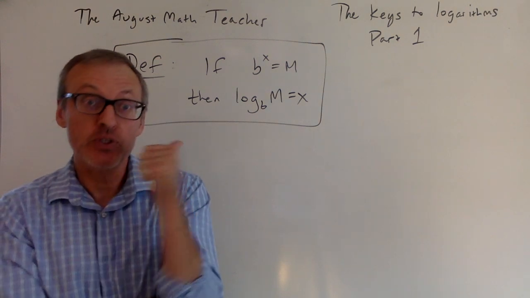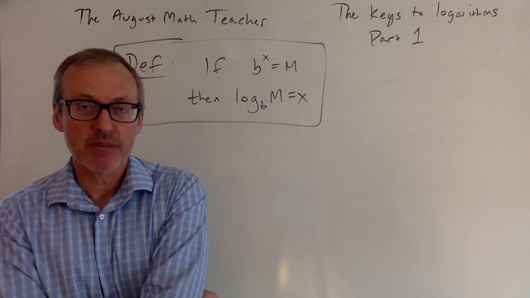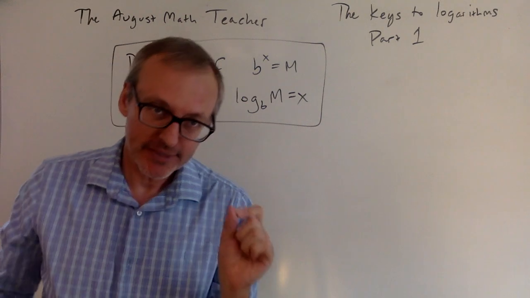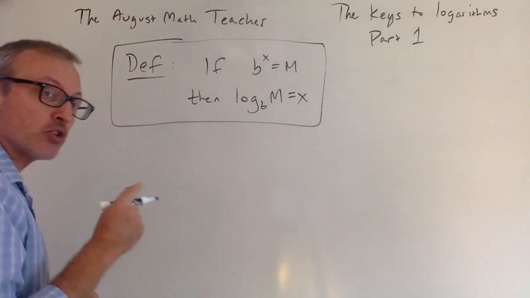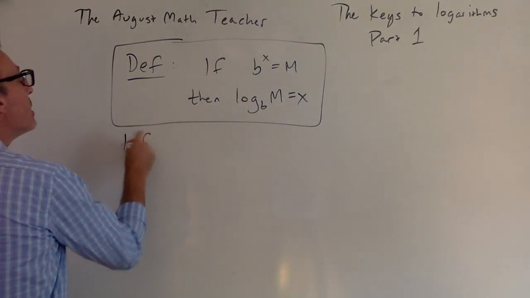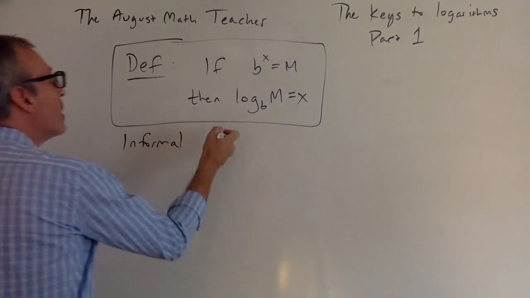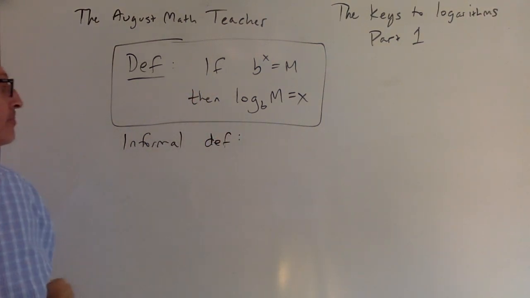This is a very confusing definition, and I doubt that it makes much sense to anybody the first time they see it. Instead, here's the main key to understanding logarithms. It's to ignore this definition at first, and instead learn this informal one, which is equivalent, but much easier to understand.